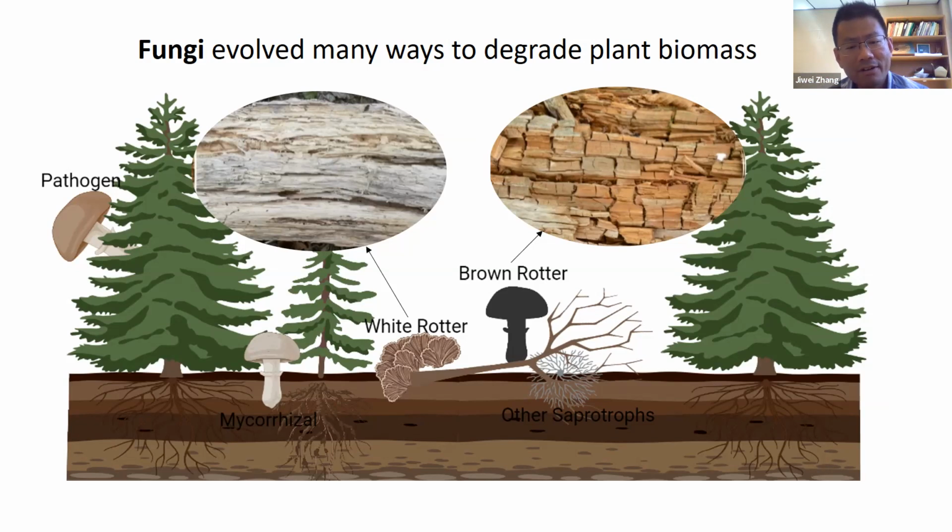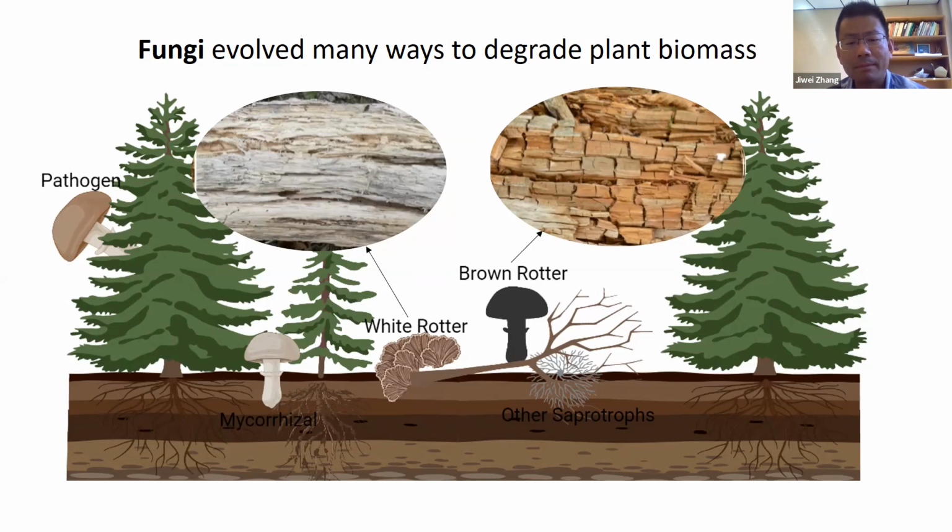On the other hand, the brown rotters are selective, they seem smarter. They can selectively degrade the carbohydrates, which is the cellulose and hemicellulose, the main carbohydrates. But they don't like to eat the lignins, because the lignins have the most recalcitrant structures and are very, very difficult to degrade.